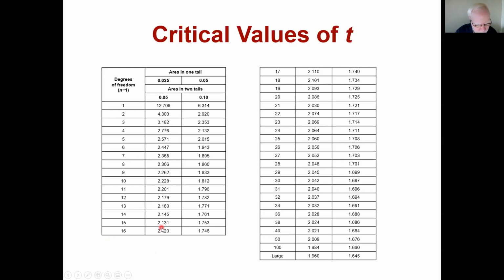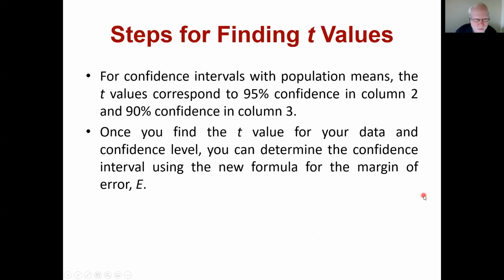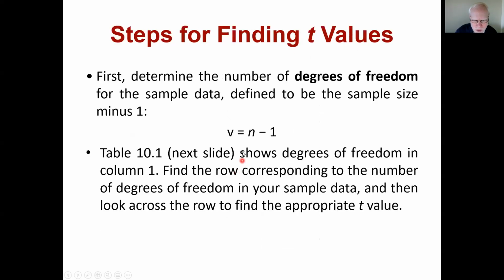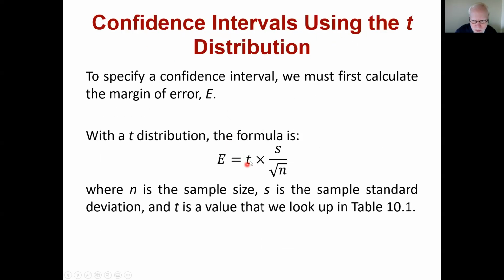So find your degrees of freedom and then read the number from column 2 or column 3, depending on whether you're doing one or two-tailed. We call these the critical values. And these are just what we put in over here for t. So whatever number's there, use it for t, then it's like you did before.